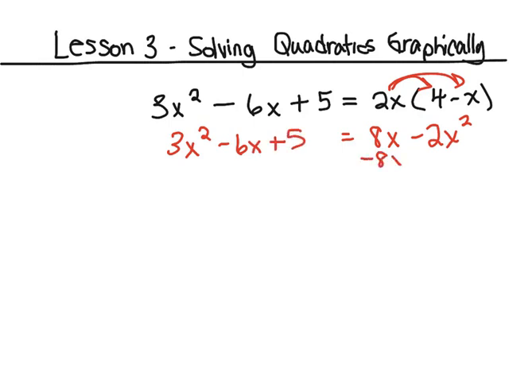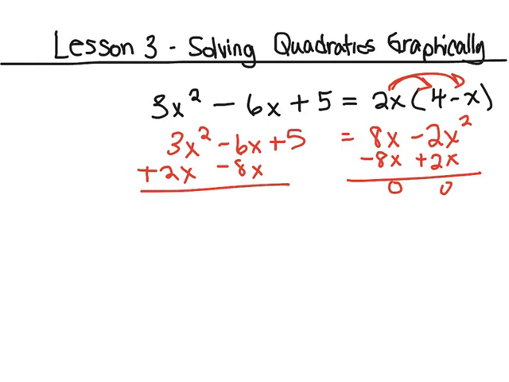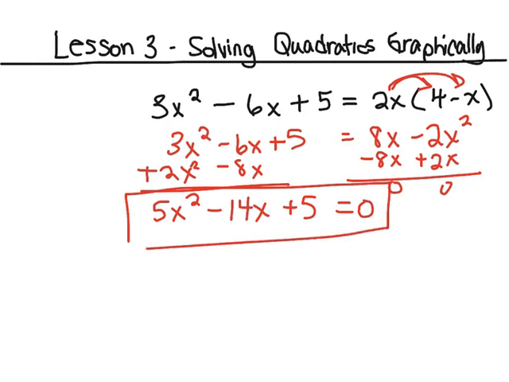So subtract 8x, add 2x squared, so this makes 0, this makes 5x squared minus 14x plus 5 equals 0. So there is our quadratic function in standard form.